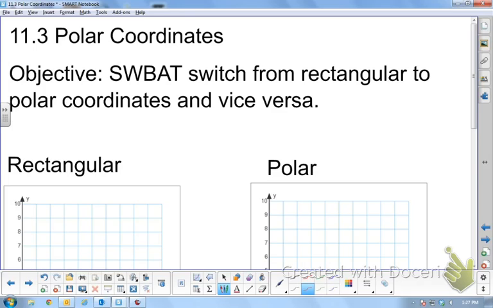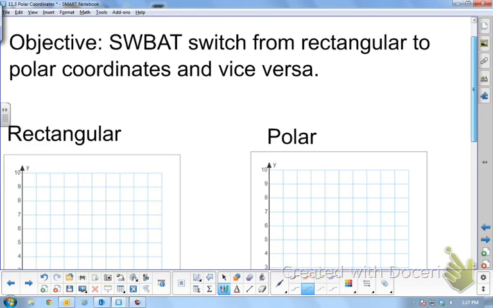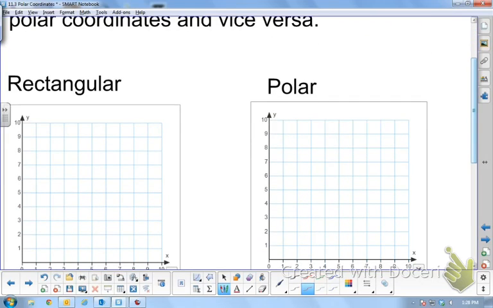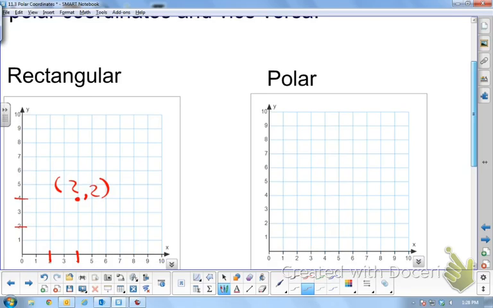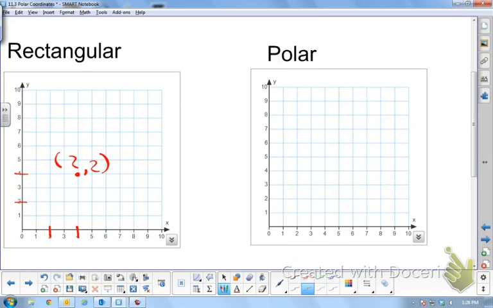So we all know how to graph a rectangular coordinate. Now I only wanted to go to 2, but it's not very big on here, so I'm going to mark mine differently and say that 2, 2 is here. To find a rectangular coordinate, we all know that we count from the origin.